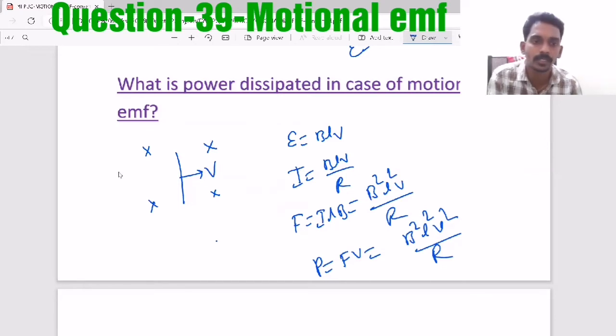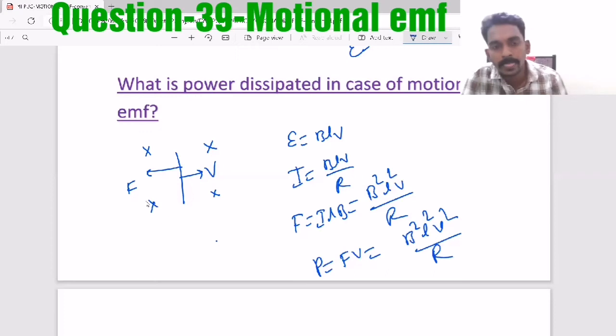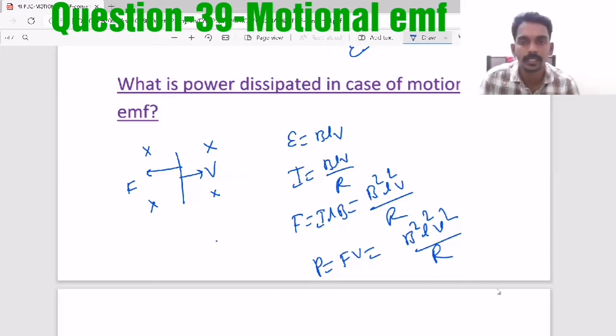The force acts in the opposite direction, so the velocity tries to decrease. So to maintain the same velocity, we need to apply this much power. That is what we are trying to explain here.